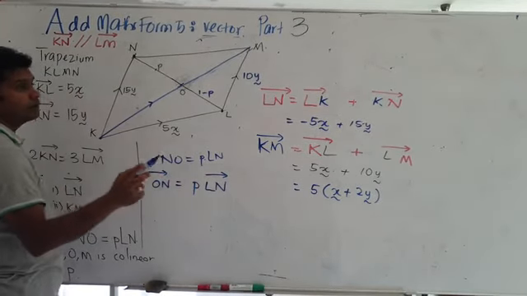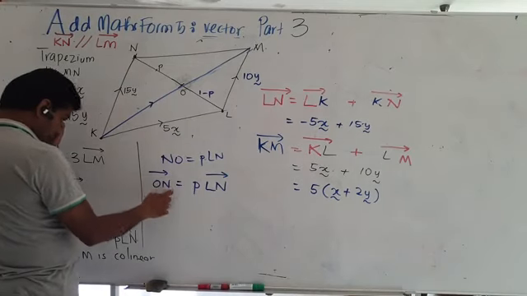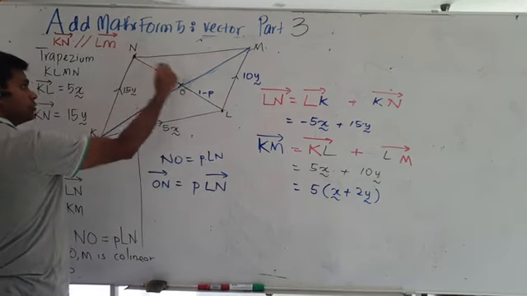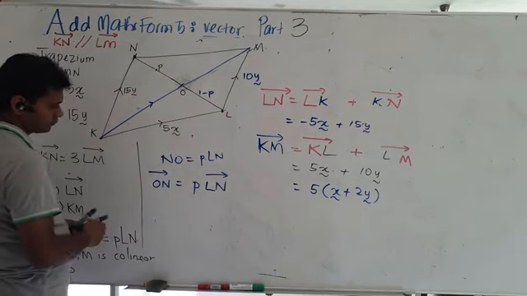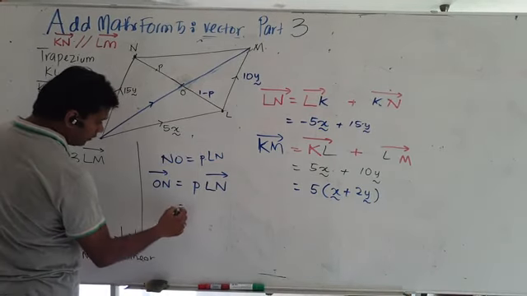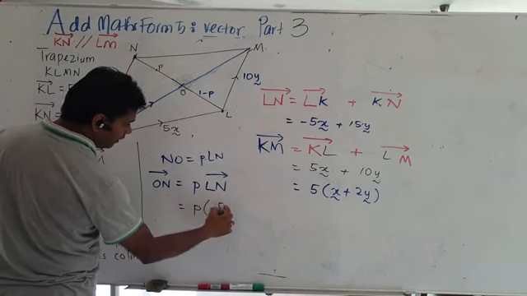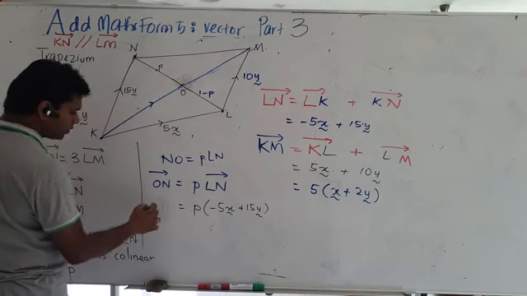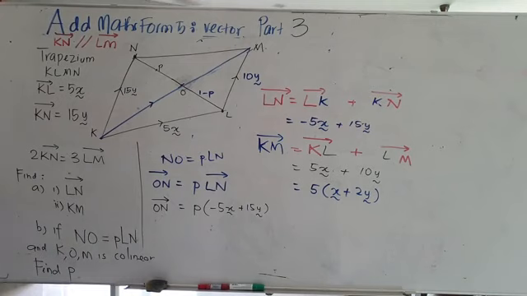Here they put NO purposely to trick you. When you are writing the vector, the direction must follow. Ln is this way, so ON is the same direction, and the ratio is PLN. So ON is P times Ln, and Ln is negative 5x plus 15y. So this is what ON is. Are you okay? All right.